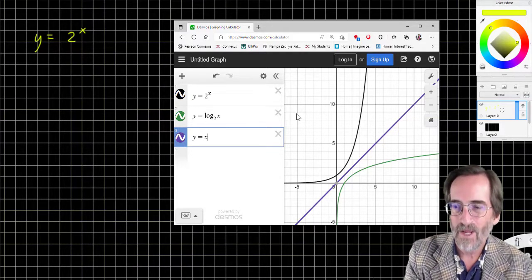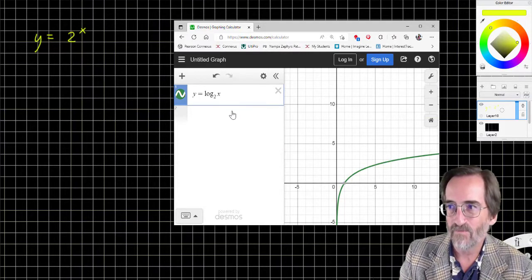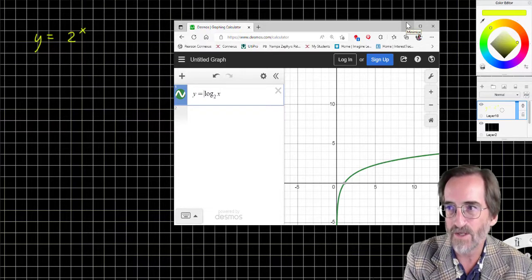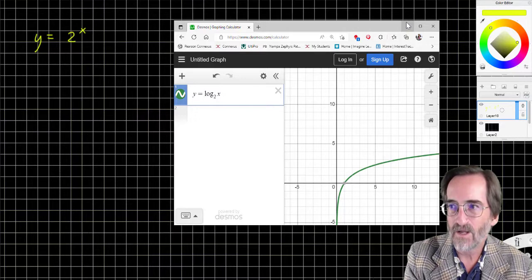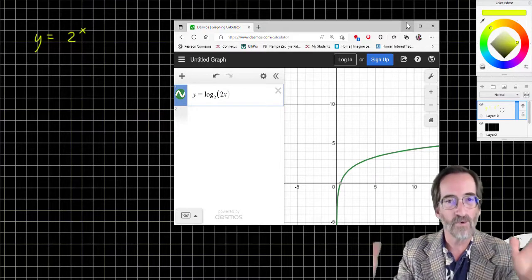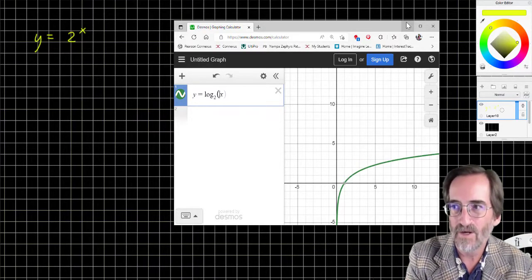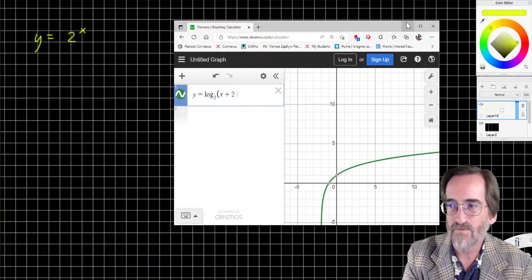Okay? And of course, as you can imagine, we can transform log base 2. So it is a parent function. I can make everything twice as tall by putting a 2 in front. I can make everything compressed by a factor of 2 by putting a 2 inside, so compress it horizontally, right? I can add 2 and shift it to the left.